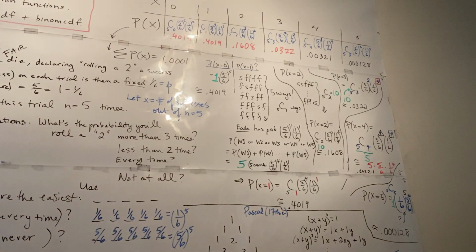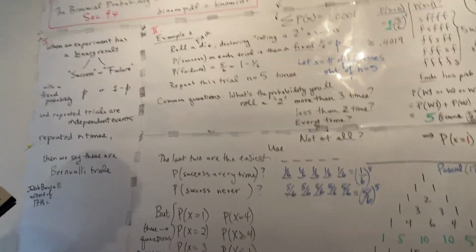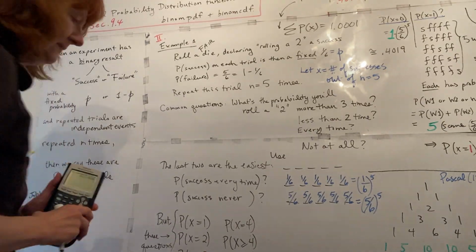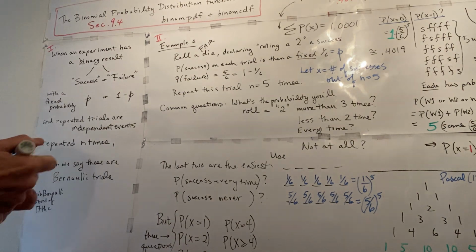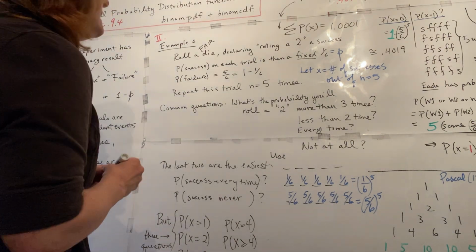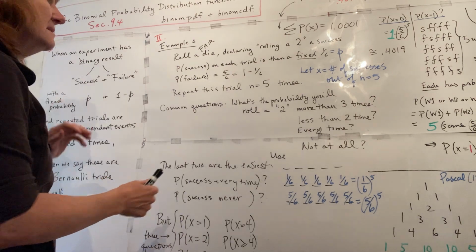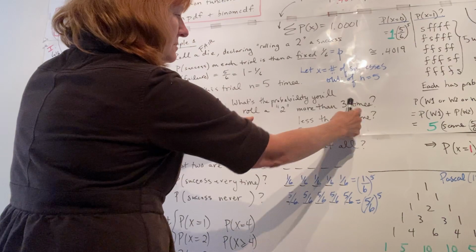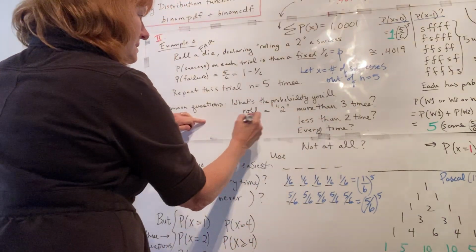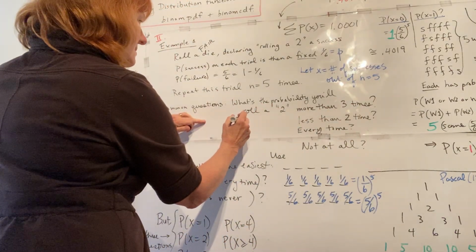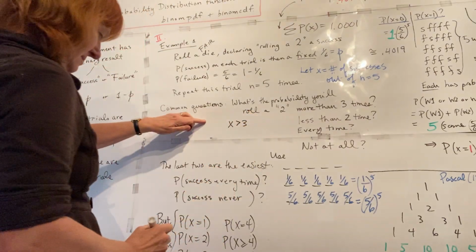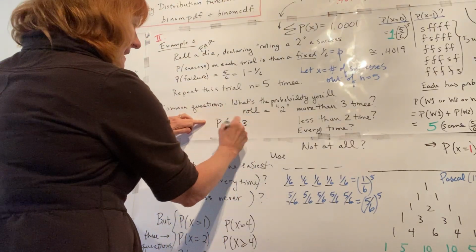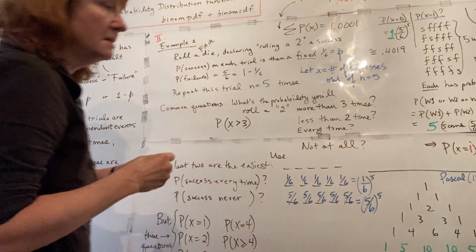Now let's get back to some of these more complicated questions that get asked of you, right? So for example, what if somebody says, what's the probability that the number of successes, what's the probability that you roll a 2 more than 3 times? Okay, so if you want to say x is more than 3, the probability that x is more than 3. I'll look back up here at the distribution for a minute.